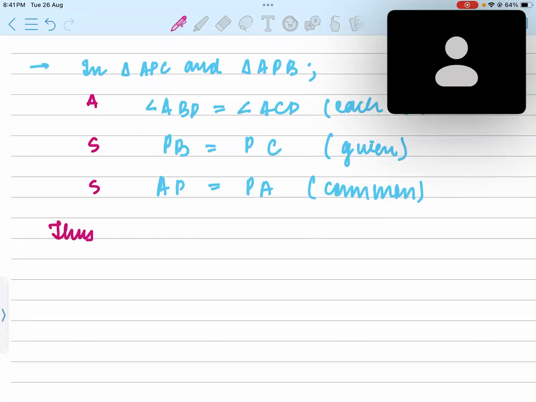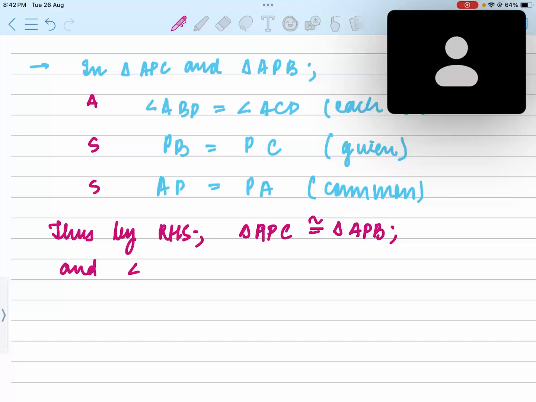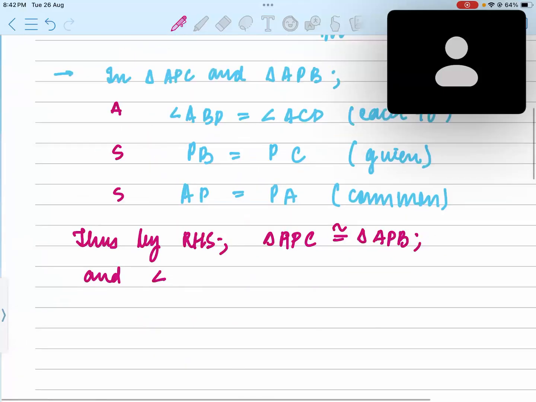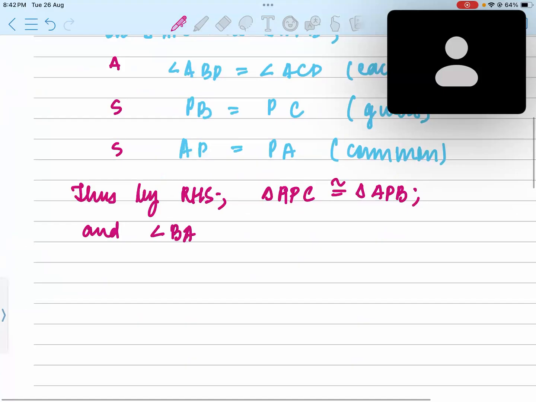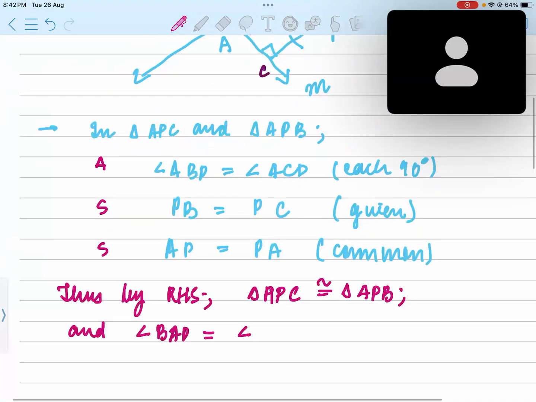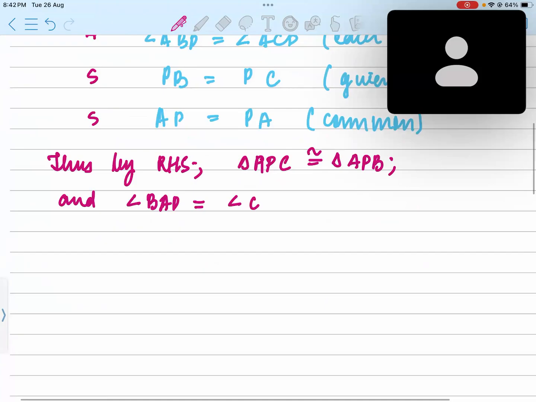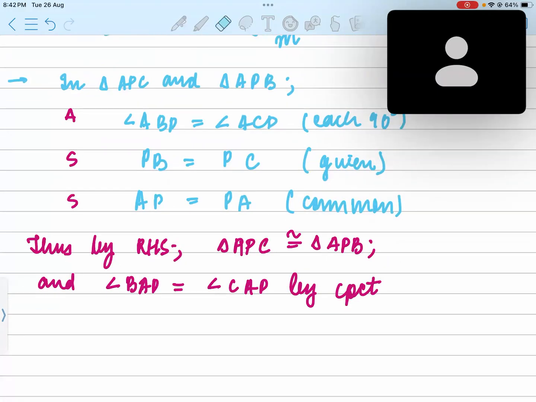So thus, by RHS, triangle APC is congruent to triangle APB. And angle BAP is equal to angle CAP by CPCT.